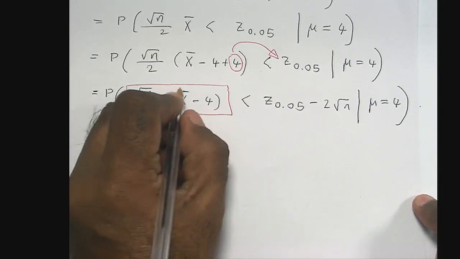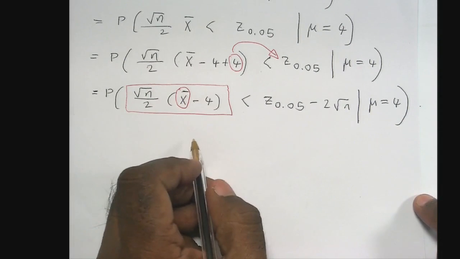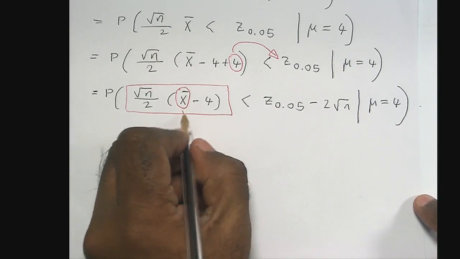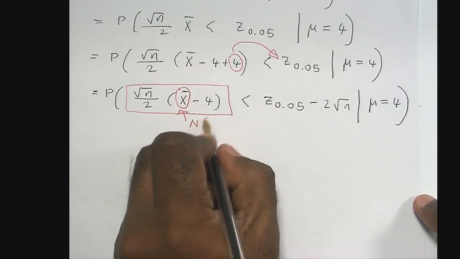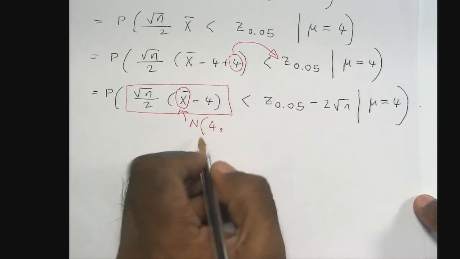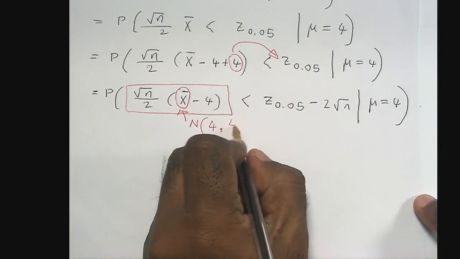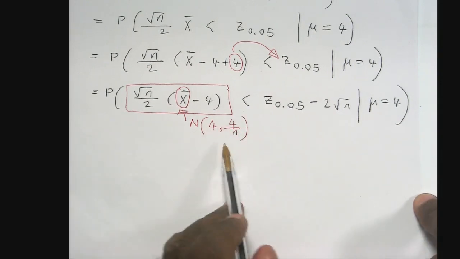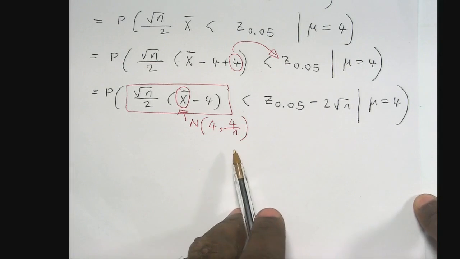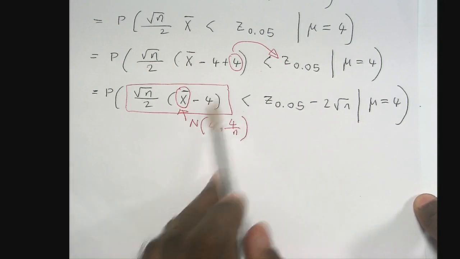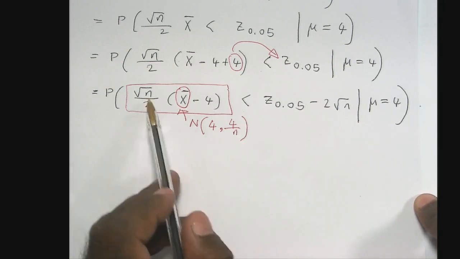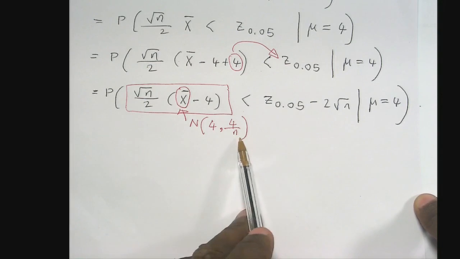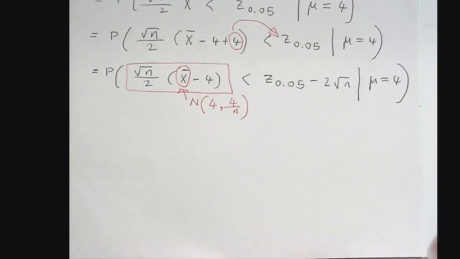Now we know that x bar will have the normal distribution with mean 4 and variance sigma squared by n. This is from a result that I did in week 1 or 2, right? Now if you subtract the 4, the mean will become 0, and when you multiply by this, the variance will become 1, right?